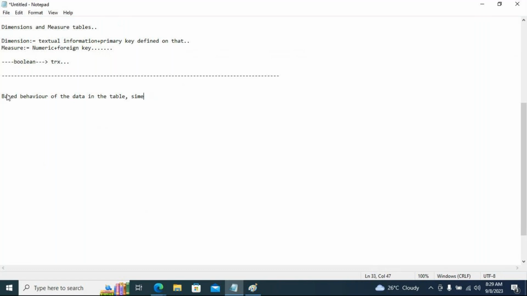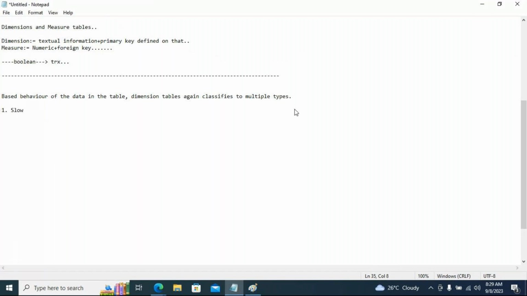Dimension tables are again classified into multiple types. What are those types? Is it required to learn about these dimension types? Yes, it is required. These are all interview questions.